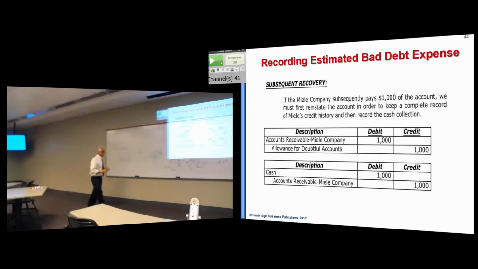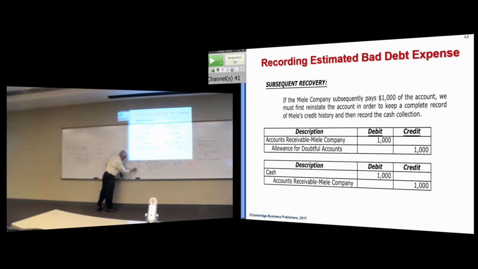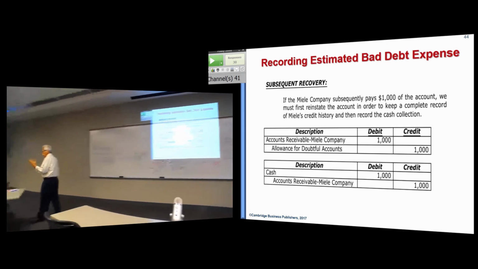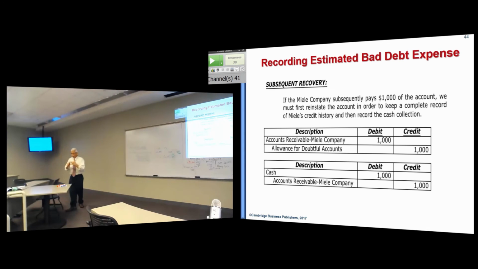So we basically recovered half of that write-off. So you restore the allowance account, also restore the customer's account and the credit rating, and then you collect it. So that would be a subsequent recovery.